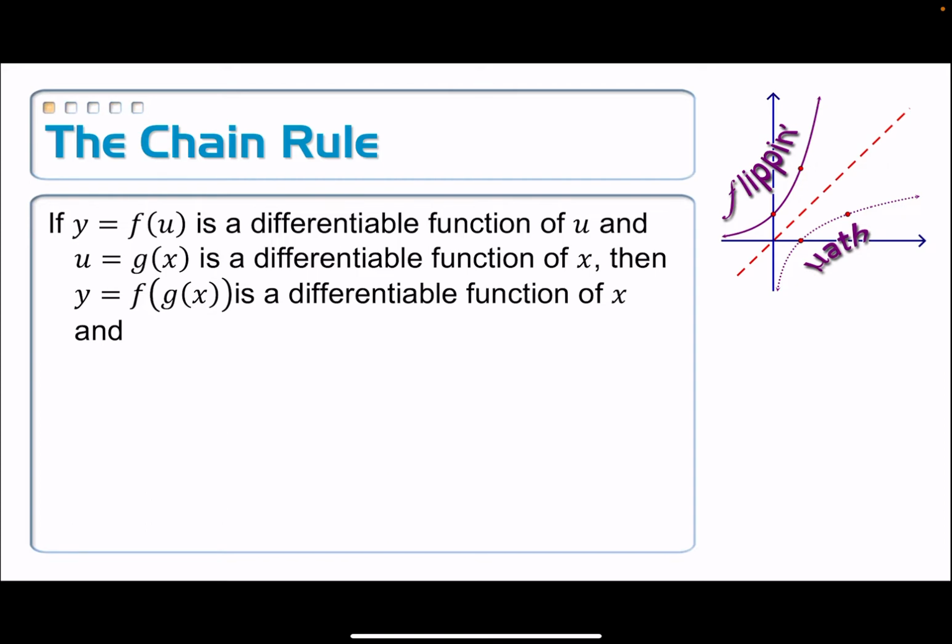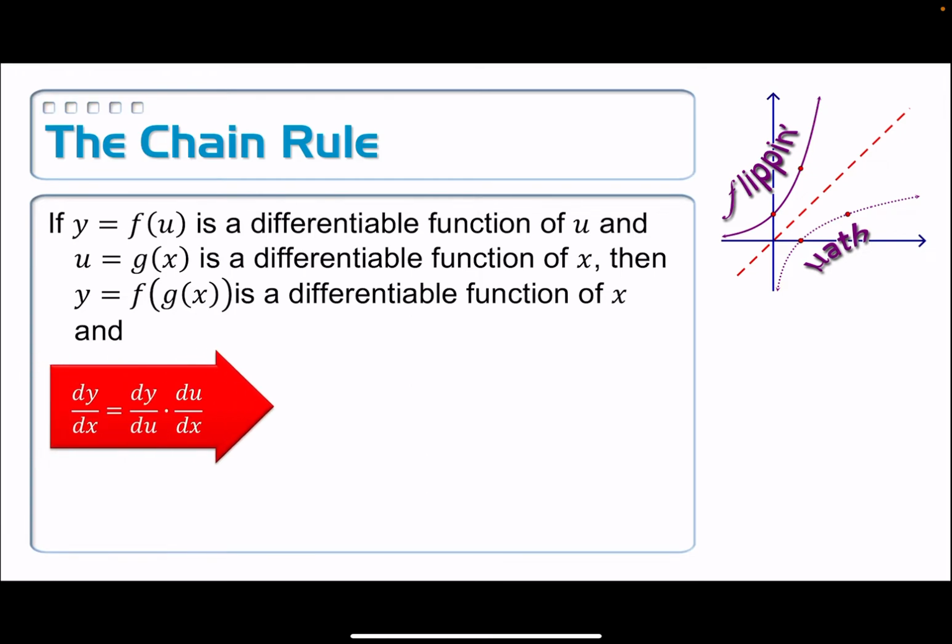So let's recap the chain rule. If y is equal to f of u is a differentiable function of u, so u is our interior function, and that interior function was some sort of function of x, g of x, then we have the composite function y is equal to f composed with g of x. It's also a differentiable function of x.